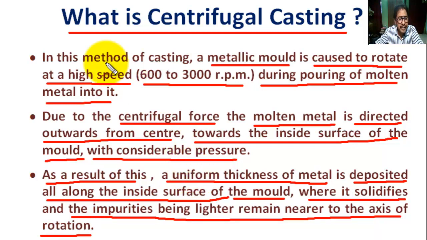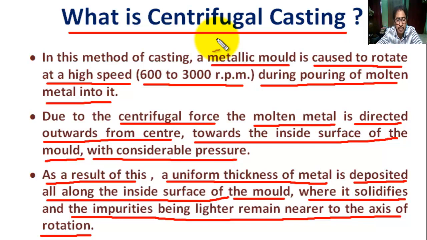So, a casting process in which molten metal is poured and allowed to solidify while the mold is revolving is called centrifugal process.